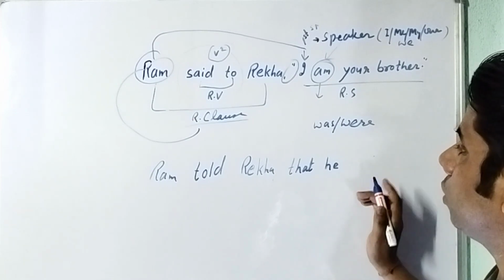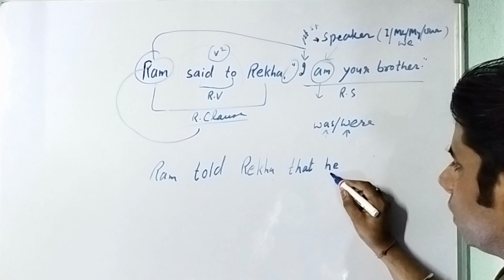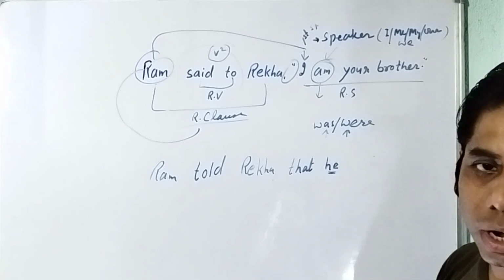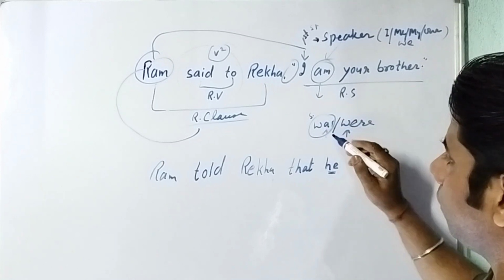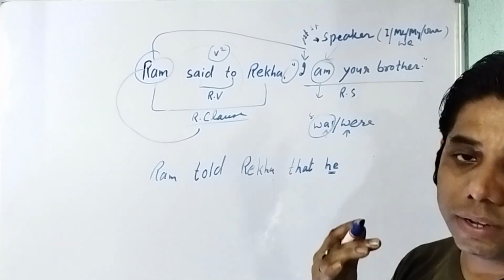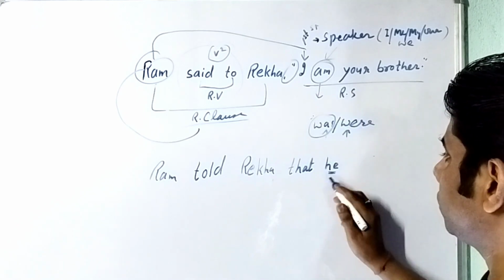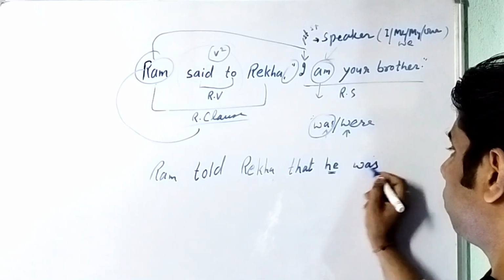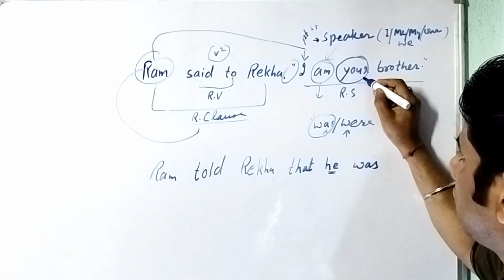And I have told you that you have to use was or were according to the subject. He is third person singular number, so you should use was, because for singular number we use was. So I am using here, he was, and then it is given your.